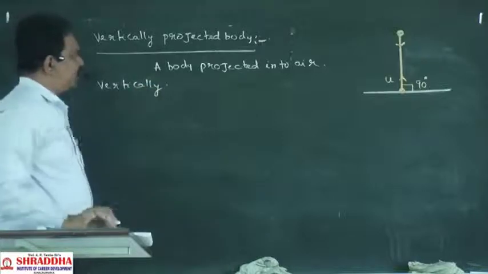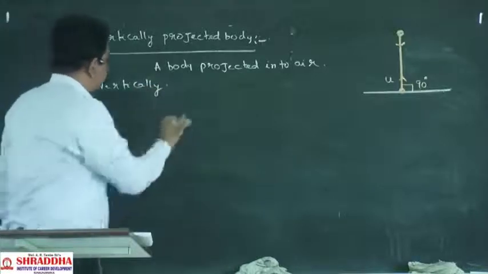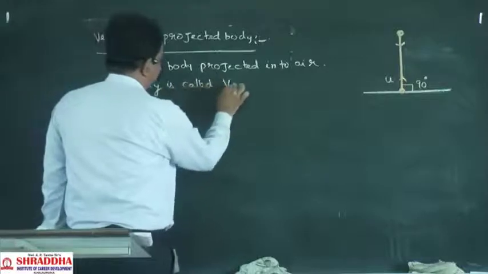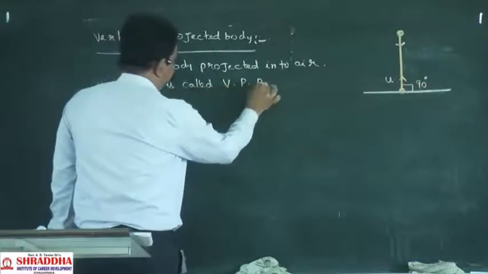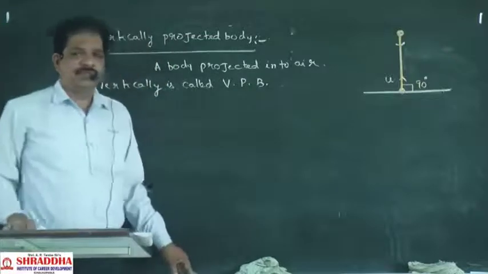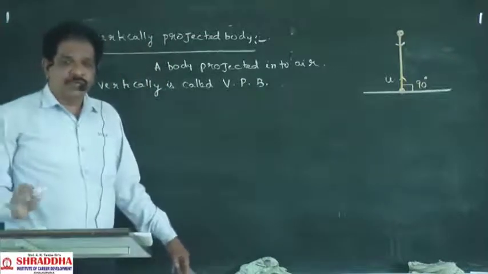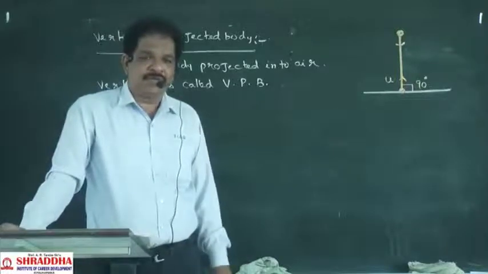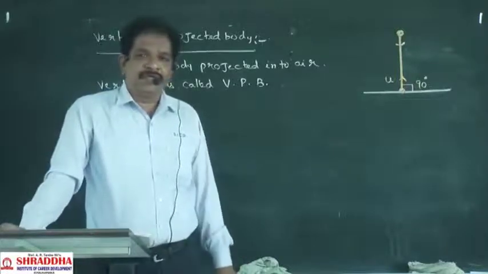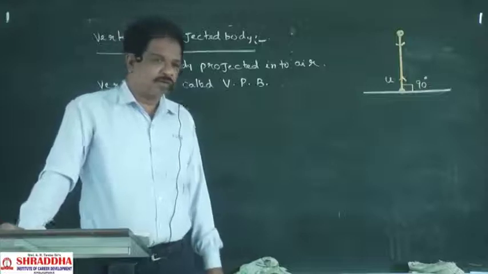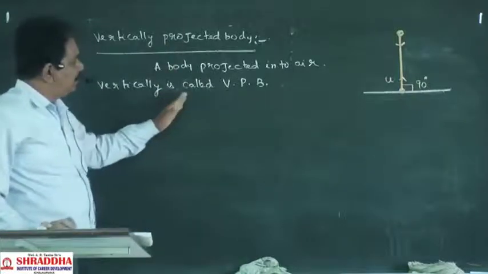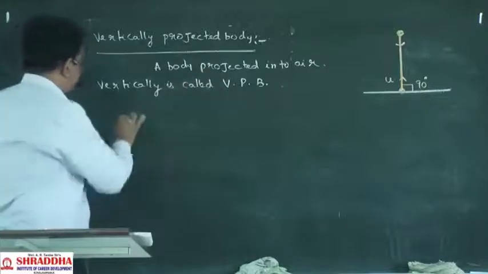A body projected into air vertically is called a vertically projected body. Okay? That vertically projected body, how much angle is it making with the ground? It is making 90 degrees with the ground. Next. Then, what are the parameters, equations of motion?